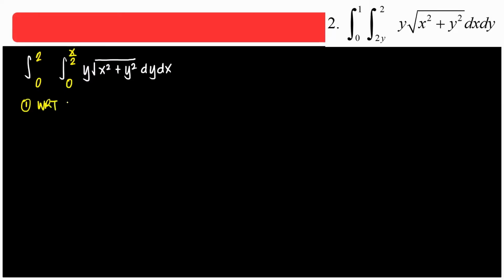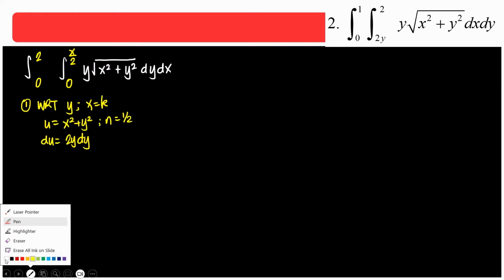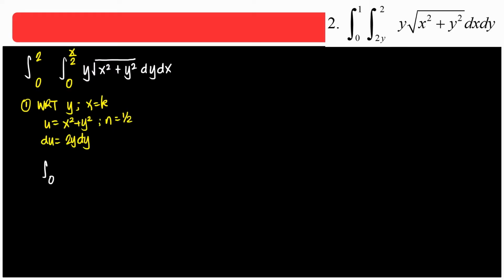It's with respect to y, where x is constant. So let's rewrite. u is x squared plus y squared, n is 1/2. du is 2y dy. We already have y. So when we rewrite this, guys, let's just copy the first set of integrals. y square root of x squared plus y squared dy.